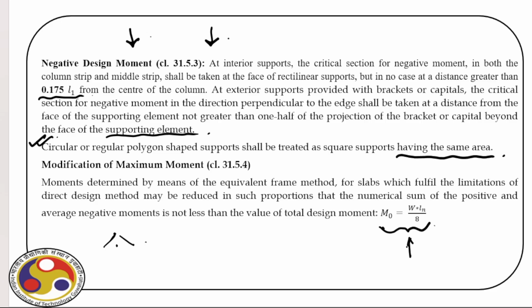Right? So this was our starting point. Once we calculate this, then only we distribute. But we have to keep in mind about this clause that in no case shall the total positive and average negative moment be less than this value.